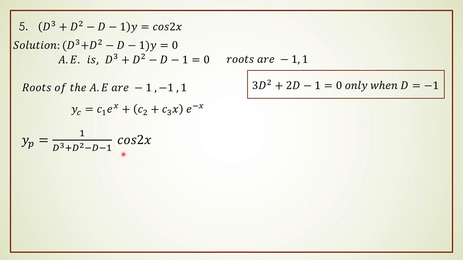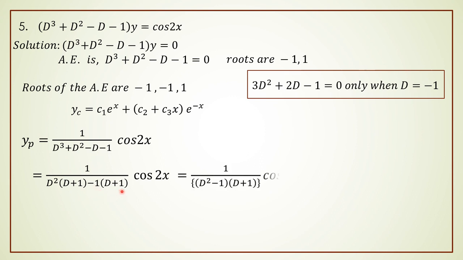I am taking D square common from these two terms so that it becomes D square into (D plus 1), and minus 1 common from the other two terms so that it will be minus 1 into (D plus 1). So you have the equation to be 1 by (D square minus 1) into (D plus 1) acting on cos 2x.